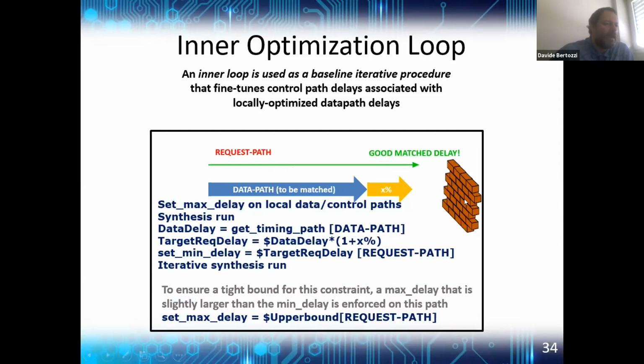And we kind of place a wall here in such a way that the request path is not too delayed with respect to the data path delay to be matched. And this is the inner optimization loop, and you can handle several signals in parallel in this way.